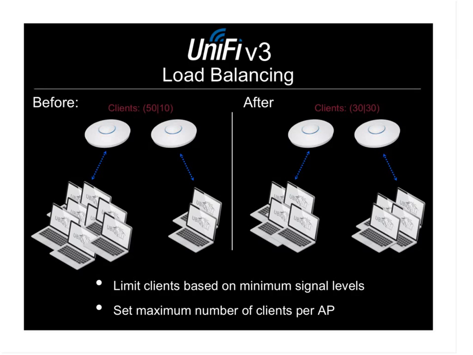In this example, you can see there are 50 clients associated to one access point when there are only 10 associated to the access point near it. And in this case, we're able to actually convince some of the clients to connect to the other access point and spread that out. It really helps to load balance access points like this, because if you have too many clients on one AP, it can cause performance degradation.